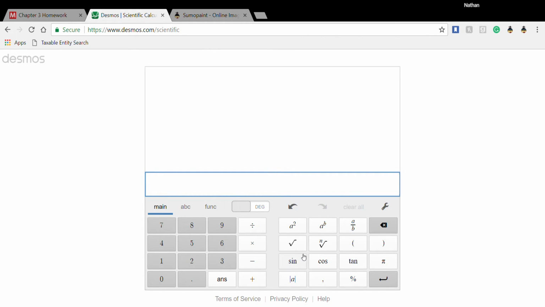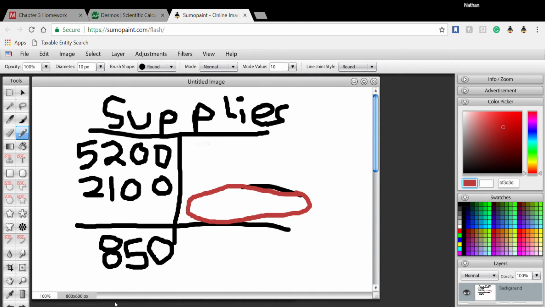So with this being said, we can take the calculator and we can put in the 5,200 that we started out with, add 2,100. Now, since we know the answer is 850, but we're missing the part to subtract completely, using algebra, basically just flip that. So take the 850 and subtract it from the total of these two.